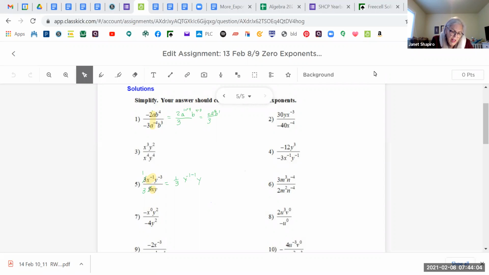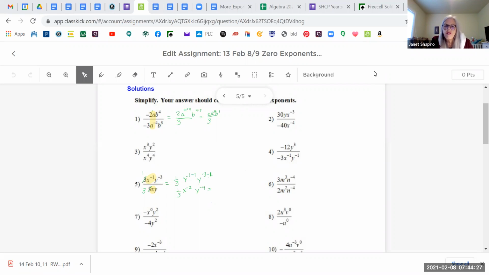And then I have y to the -3 minus y to the 1st. And when I simplify that, I get 1/3. -1 take away 1 is -2. For y's, I have a -3 take away 1, that's a -4.